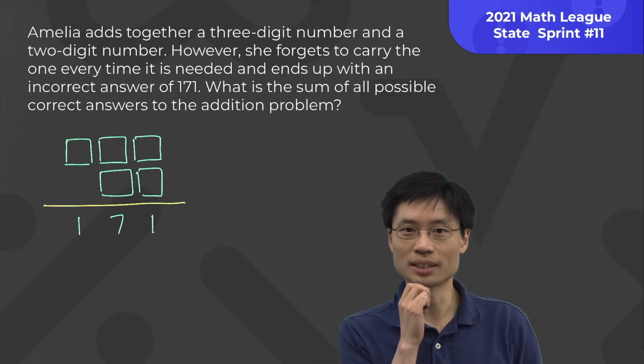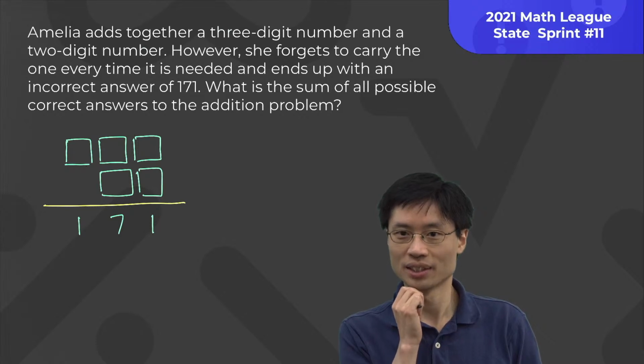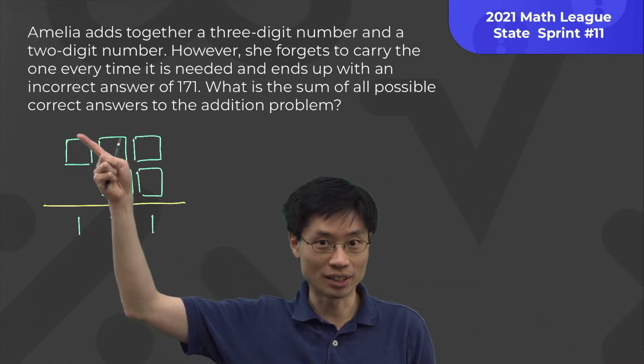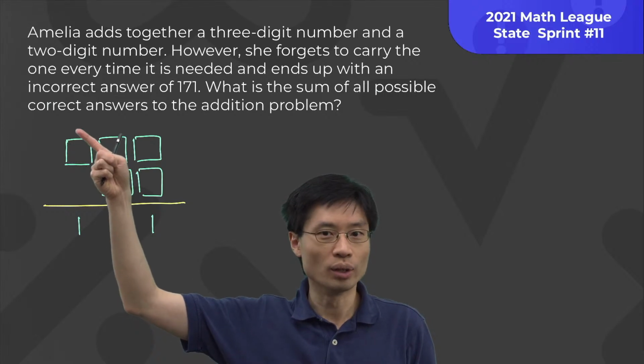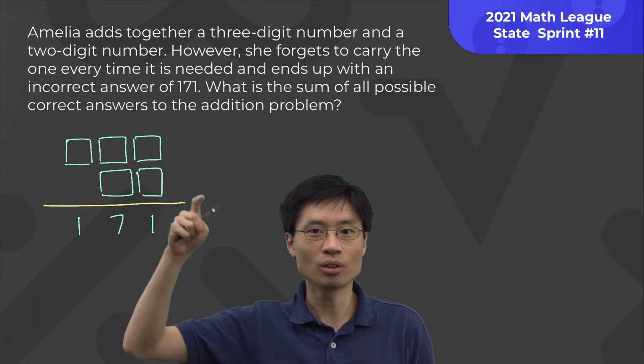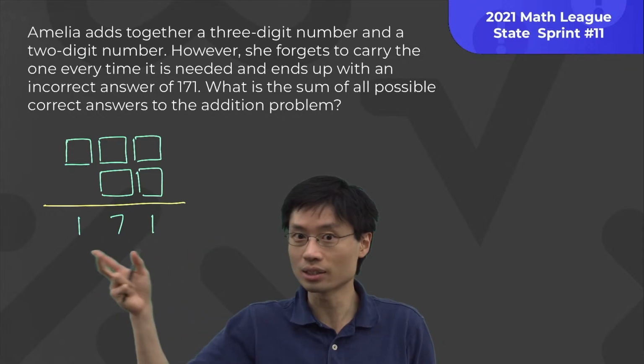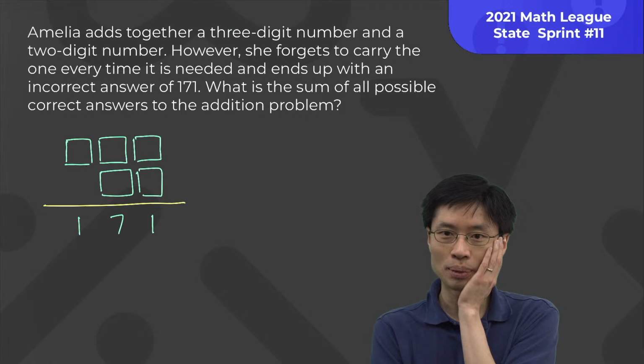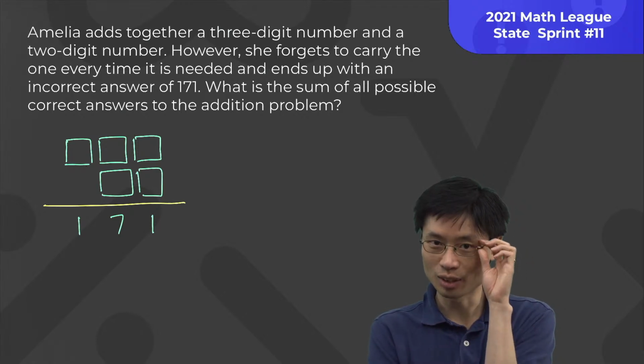So now we need to see, where could the carrying be forgotten? Oh, this is neat. Okay, so could she have forgotten to carry there? Well, no. If there was a carry there, yes, possibly, because it's the wrong answer. It's the wrong answer. Oh, wow. So in that case, where are the possible forgot to carry places?